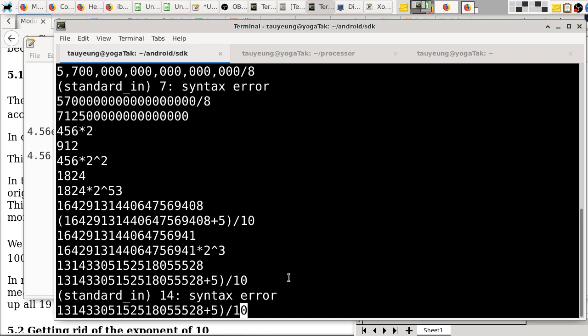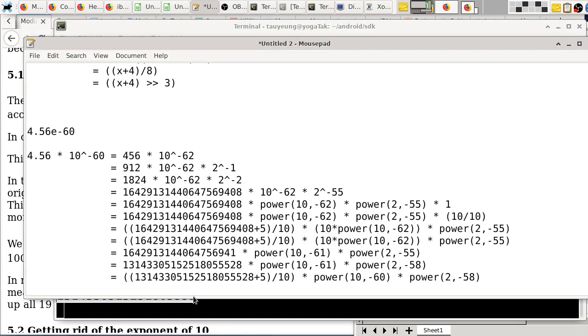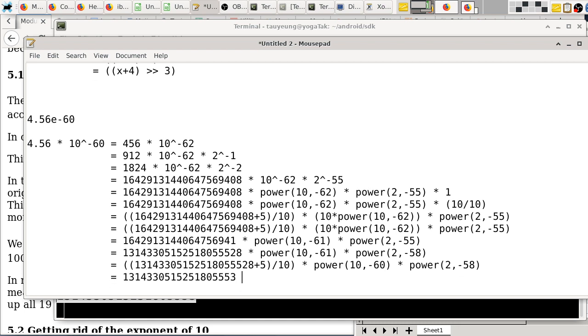Syntax error, because I missed an open paren. There we go. So now we take this, Control Shift C, go back here. You probably get a general idea of what this is doing. The rest I can just copy and paste.